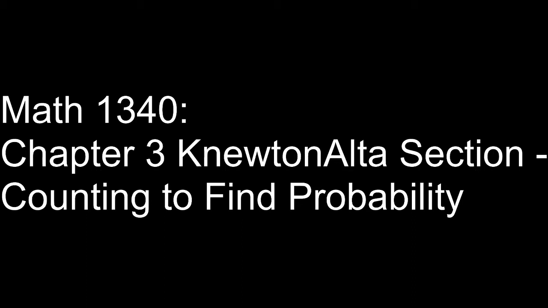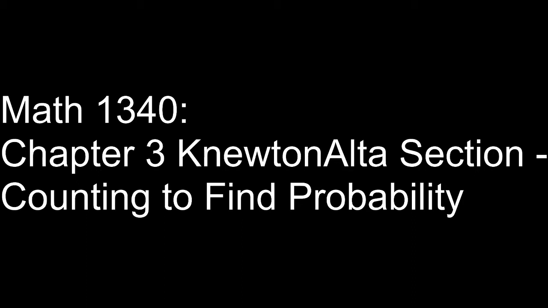So if you recall from the last video on counting principles, you learned how to count with permutations, and that's when the order that things came in mattered. And you learned how to count with combinations, when the order that things come in does not matter.